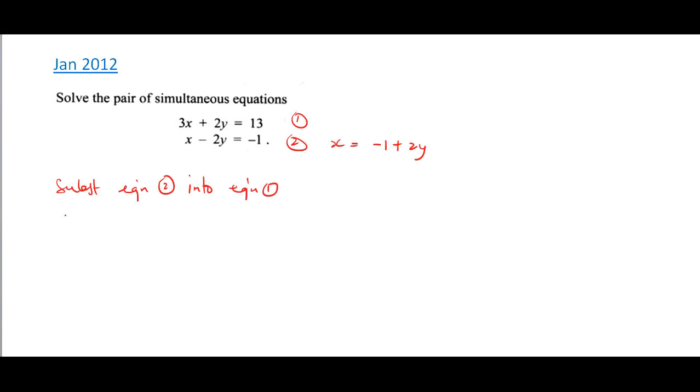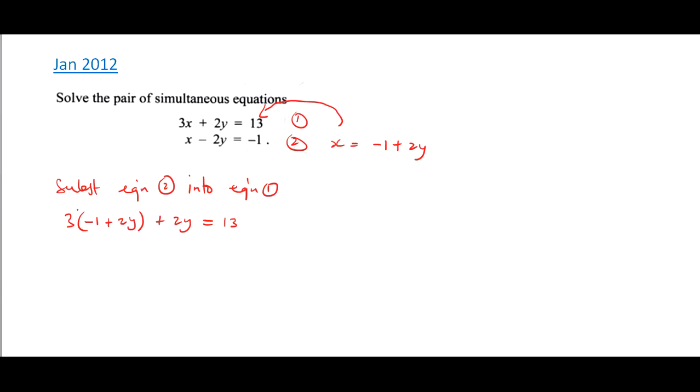So we have 3 by x. We know x is minus 1 plus 2y, plus 2y is equal to 13, right? So I'm taking this and substituting it into this equation.